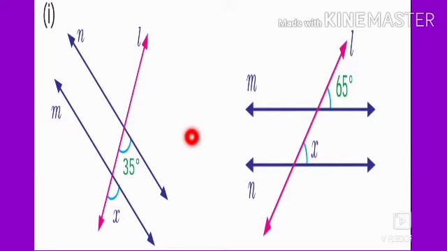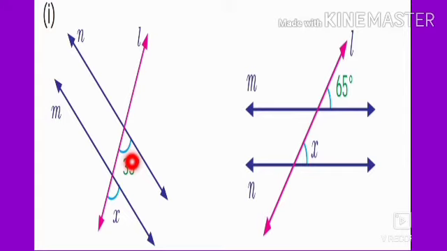Students, find the measure of angle X in each of the figures. Here M and N are parallel lines and L is the transversal which cuts the parallel lines at two distinct points. And here X degree and 35 degree. What about these angles? Yes, these angles are corresponding angles.